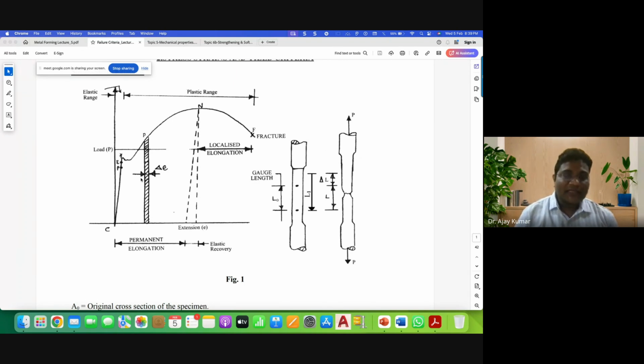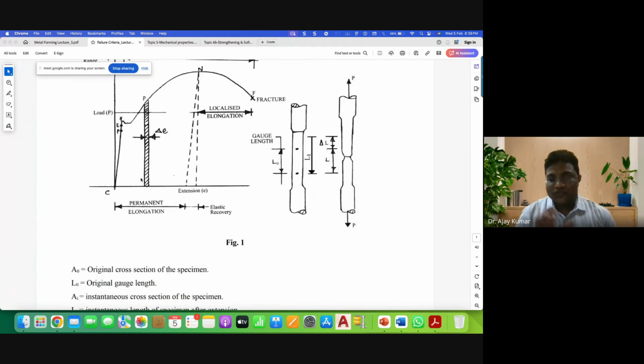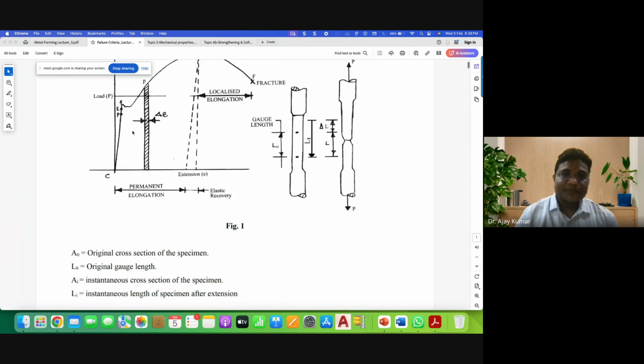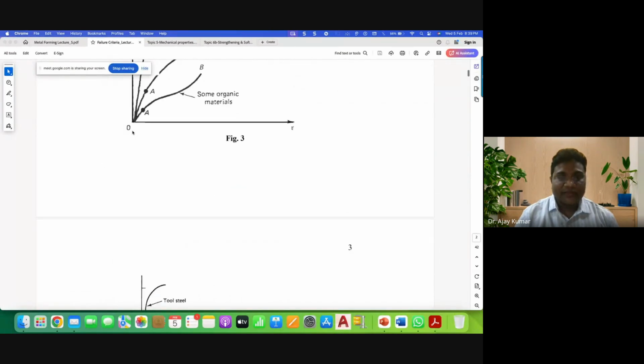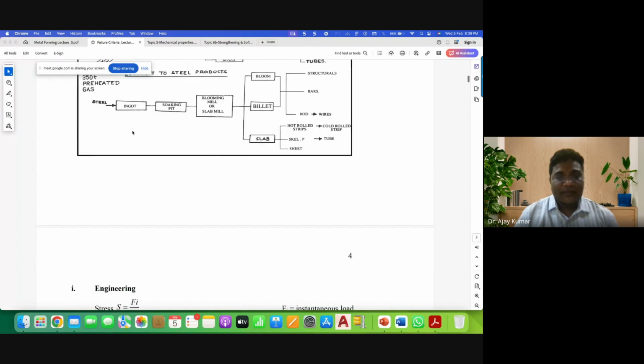The concept is that dislocations are interacting with the alloying elements, so the behavior changes at that time. That is how you see it during the testing. So this is the thing.